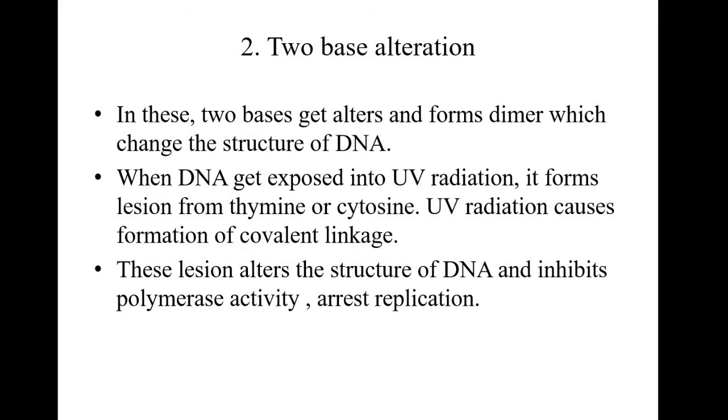UV radiation causes the formation of a covalent linkage between the bases. The lesion alters the structure of a DNA and it inhibits polymerase activity, which results in stopping the process of replication.